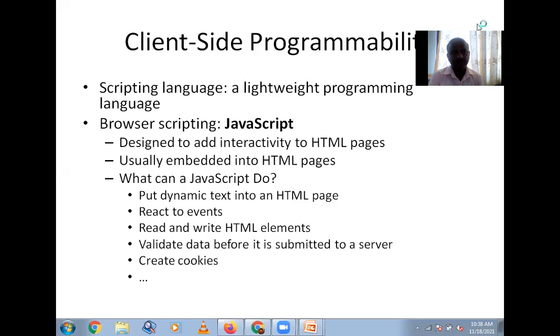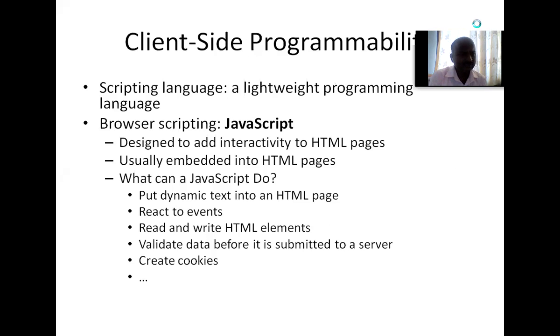Then client side programmability. While doing client side programmability, there is a need for a lightweight programming language, a browser scripting language: JavaScript. JavaScript is designed to add interactivity to HTML pages, and is usually embedded in HTML pages.